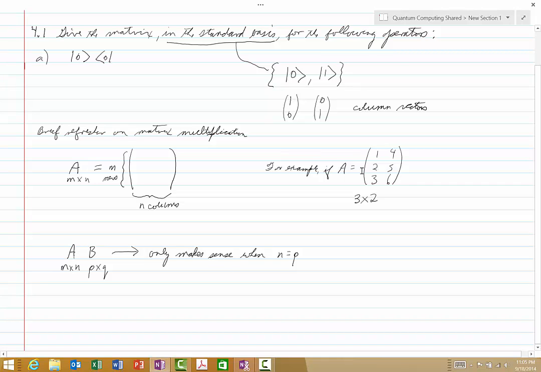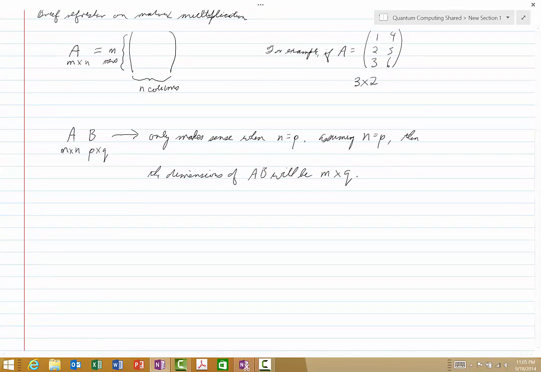And the second thing we can say is that, assuming N equals P, the dimensions of AB will be M by Q. In other words, the product AB will have M rows and Q columns.